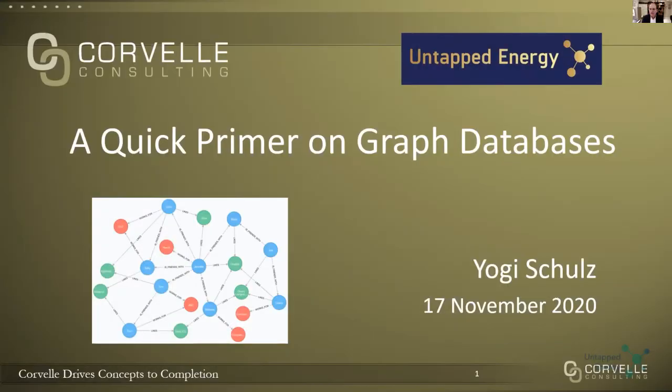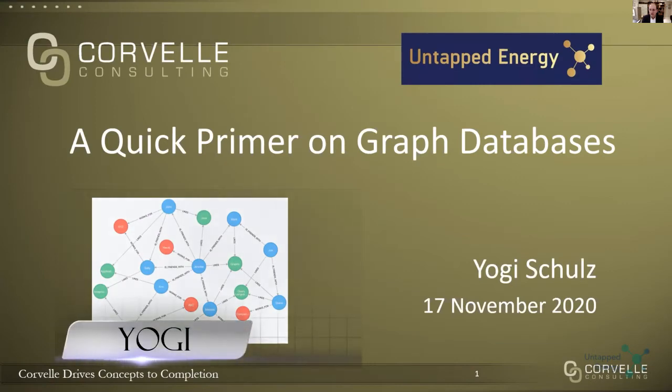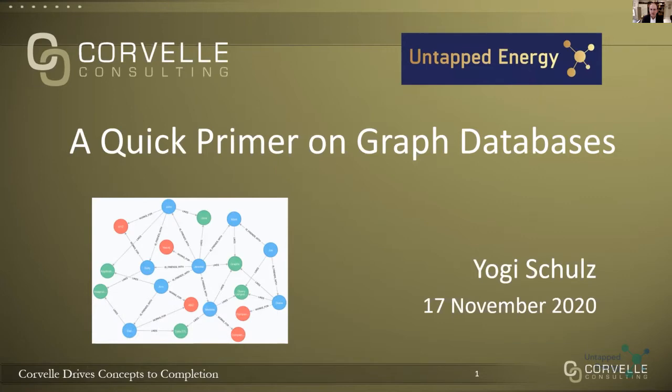So graph databases have moved from a topic of academic study into the mainstream of information technology in the past few years. They're designed to treat relationships between data entities as equally important as the data itself. So that's a key differentiator from other database types, such as relational.